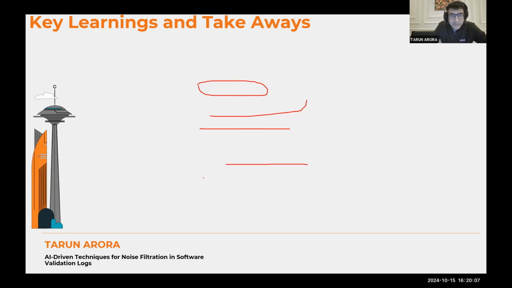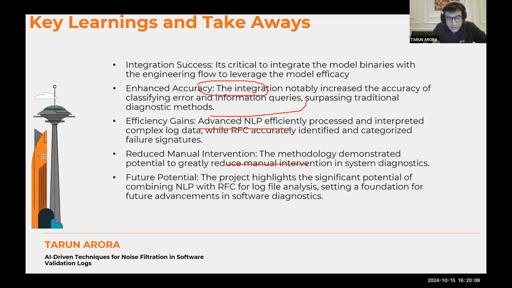And the important thing is how you make the integration a success. You have to make sure that you integrate your model binaries with the engineering flow so that they can leverage the model efficacy. You should enhance the accuracy by doing a lot of good pre-processing and involving the right stakeholders.